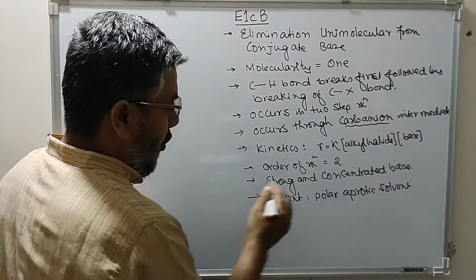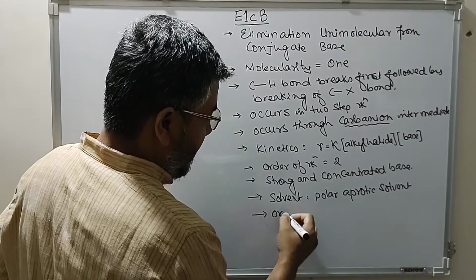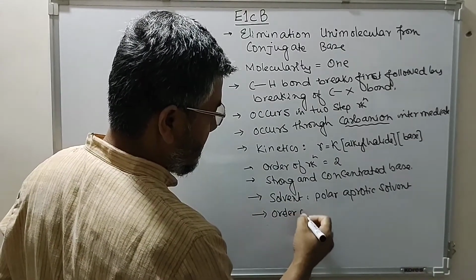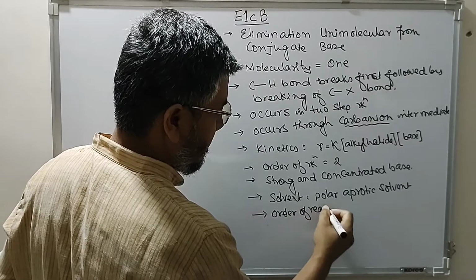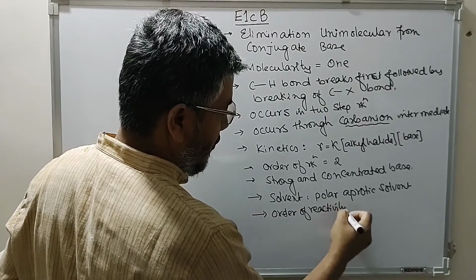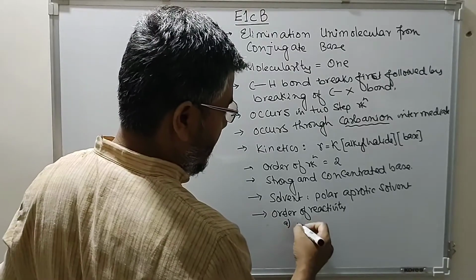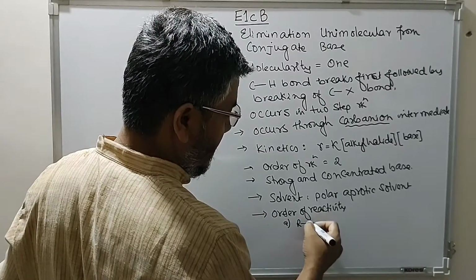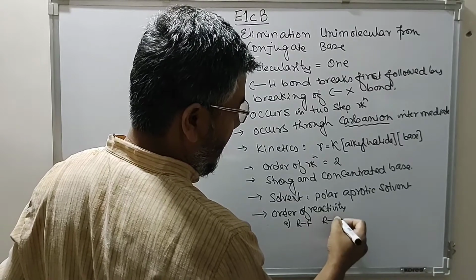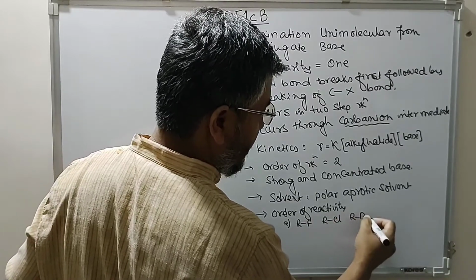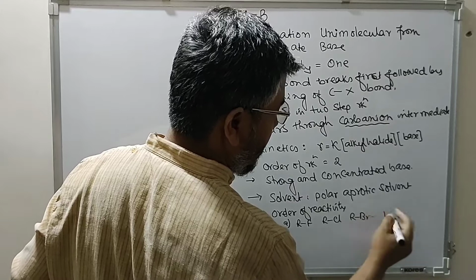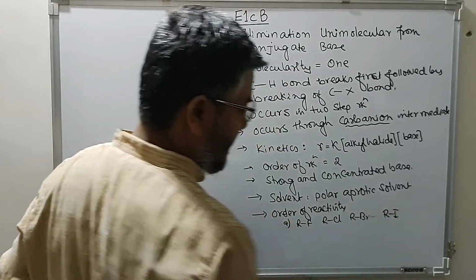The order of reactivity of alkyl halides. We have RF, RCl, RBr, RI.